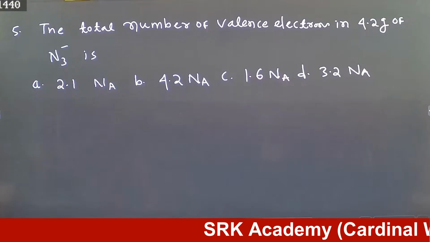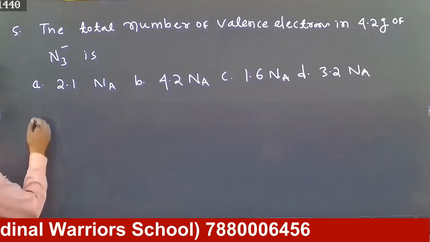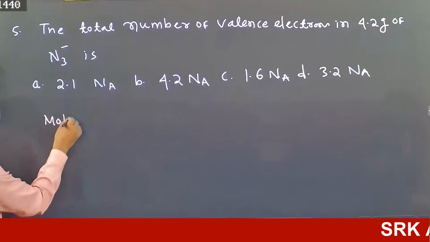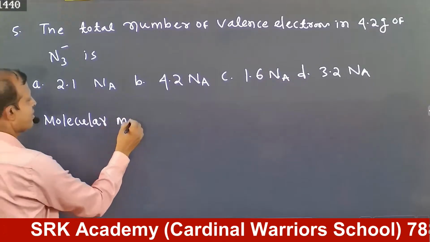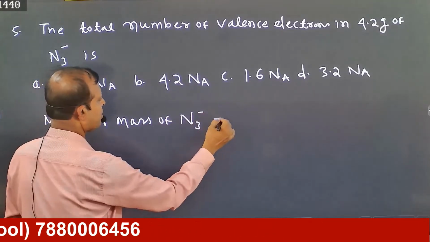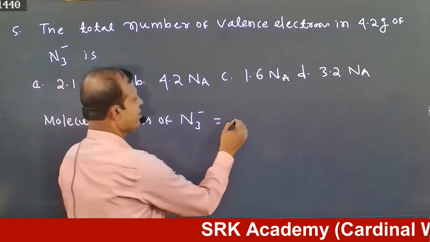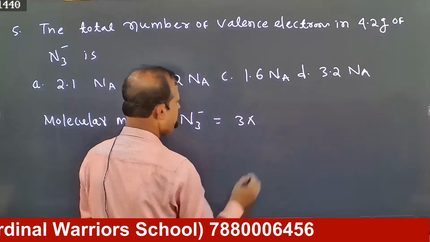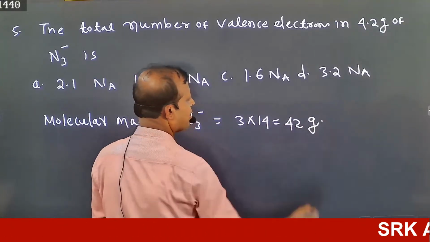What is the molecular mass, or the ionic mass, of N3 minus? 3 into 14, it is equal to 42 gram per mole.